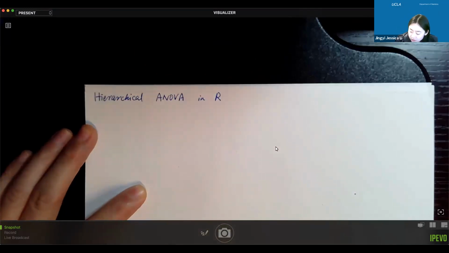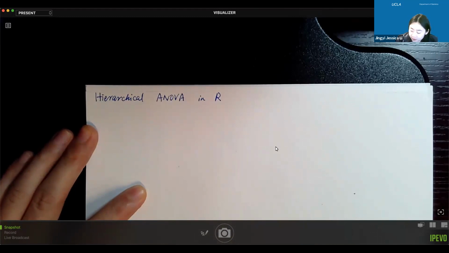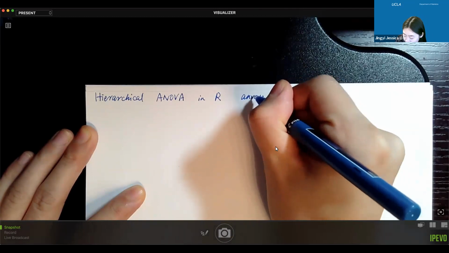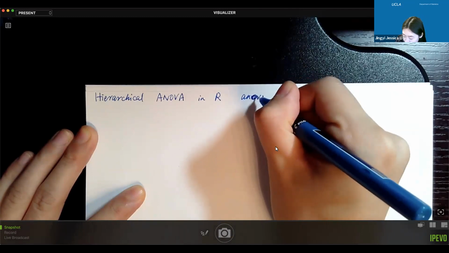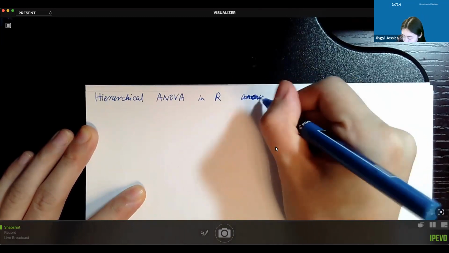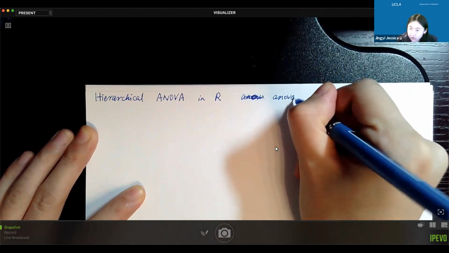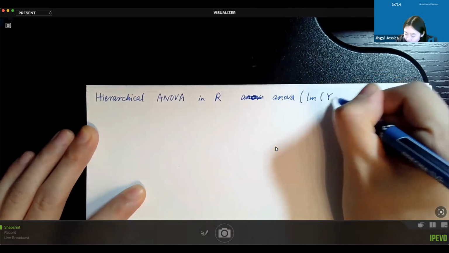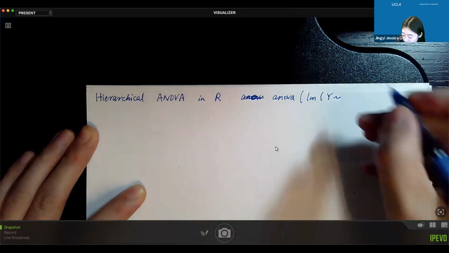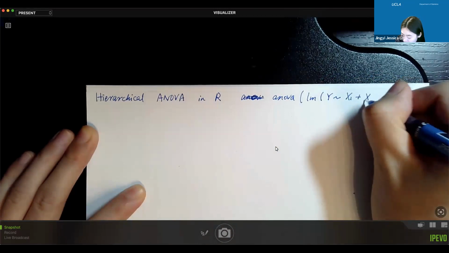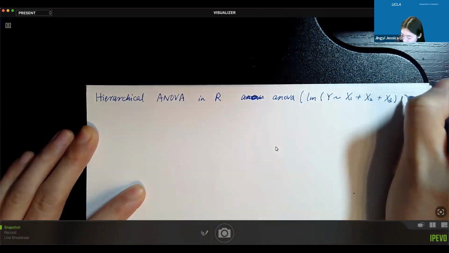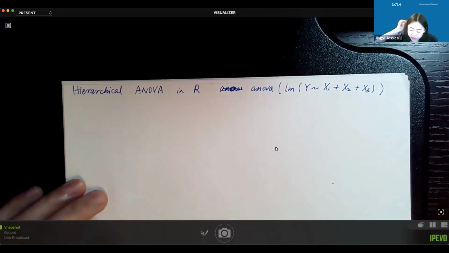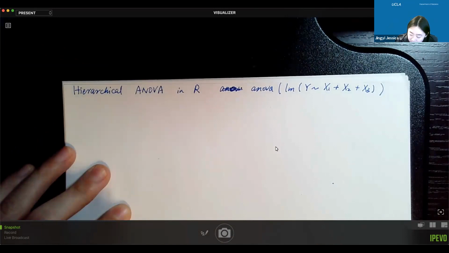Okay, so what we know is that if you want to get a hierarchical ANOVA table from just running a linear model in R, you could do something like this. If you write y tilde x1 plus x2 plus x3, then what this function will return to you, you can try this yourself, is a hierarchical ANOVA table.